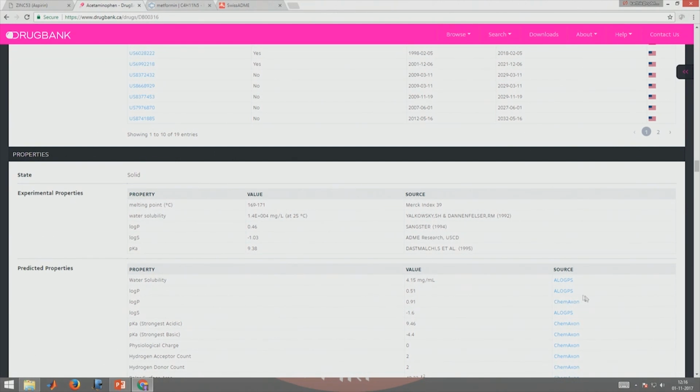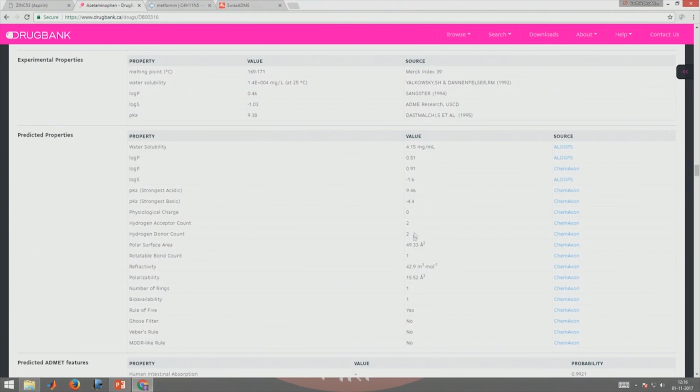These log Ps are calculated by two different softwares. Then log S is the logarithm of the solubility, pKa dissociation, as you can see pKa strongest basic, so many things: hydrogen bond acceptor count, hydrogen bond donor count, polar surface area, refractivity, number of rings it has got, bioavailability.